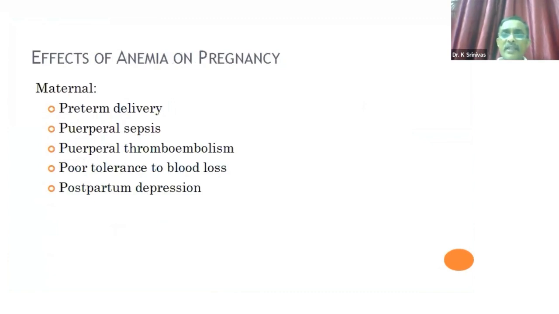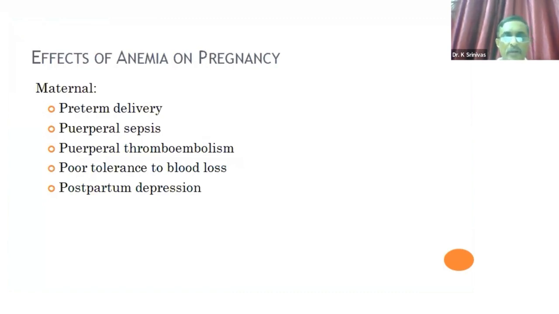Now, effects of anemia on pregnancy: preterm delivery, puerperal sepsis after delivery, they are more prone for thromboembolism, which can kill the woman. They are prone for postpartum hemorrhage, poor tolerance to blood loss. Whatever little blood loss that occurs during pregnancy or delivery is not tolerated by them.